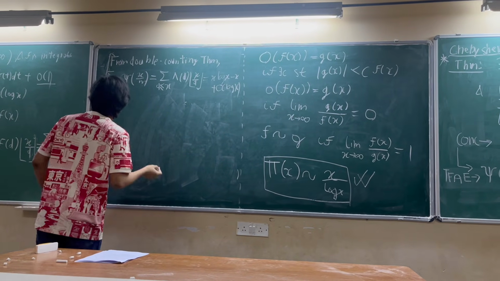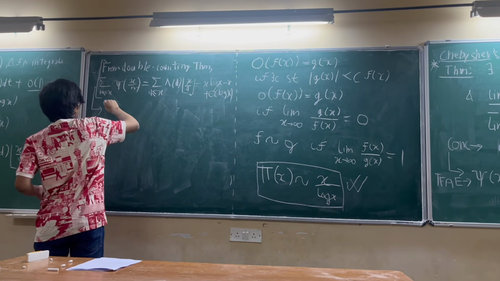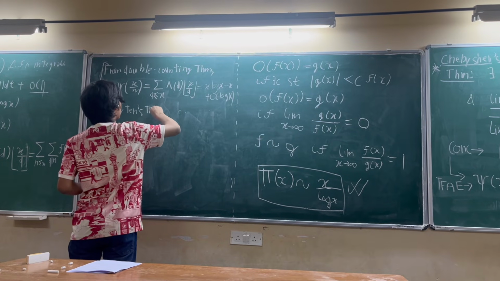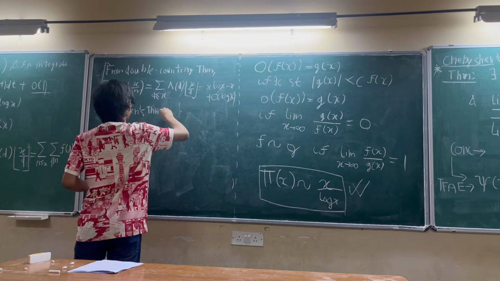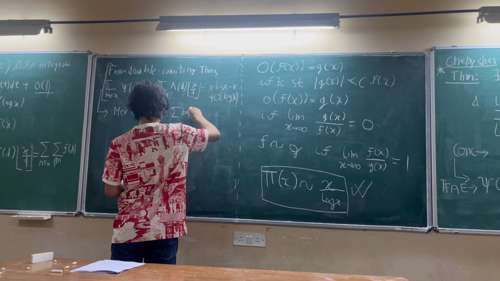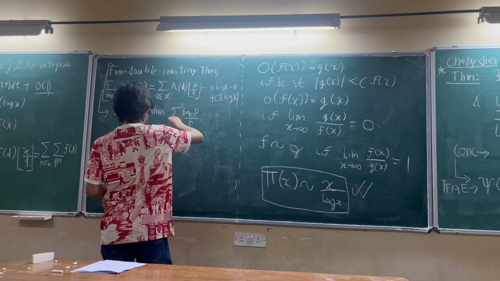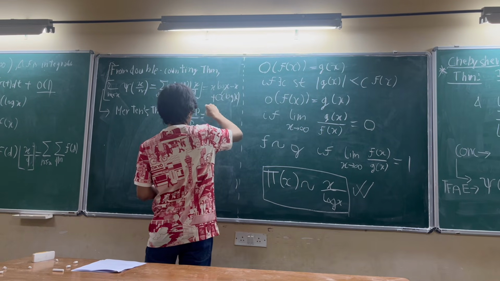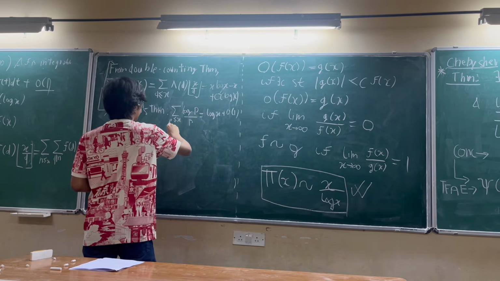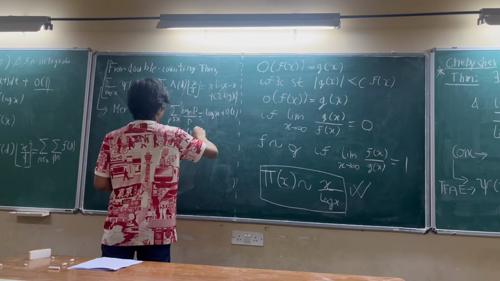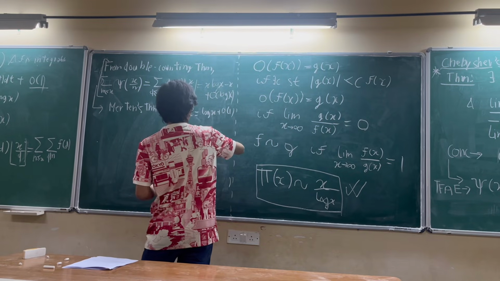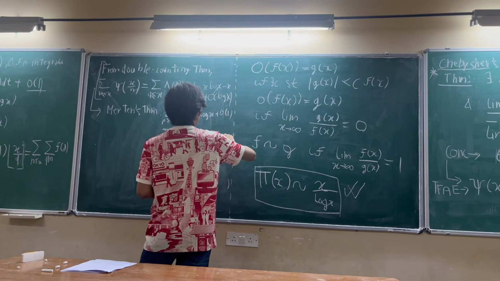Again, I am not deriving it, but it's what we use to derive something called Mertens' theorem, which tells us that the summation of log p by p, where p is a prime less than or equal to x, is equal to log x plus something of the order of 1, and the summation of lambda(n) by n, where lambda is the von Mangoldt function, n less than or equal to x, is equal to log of x plus something of the order of 1.